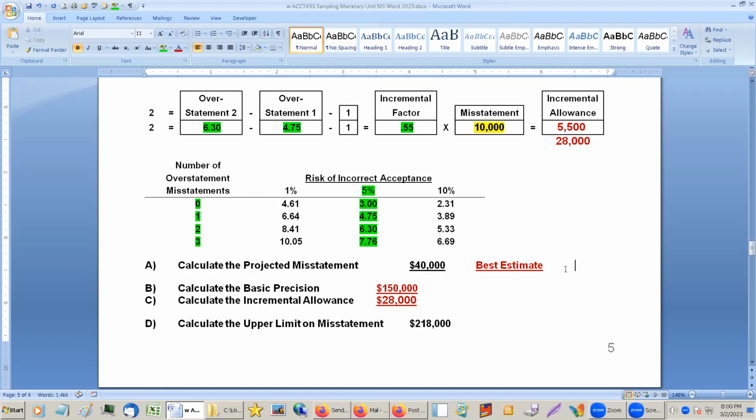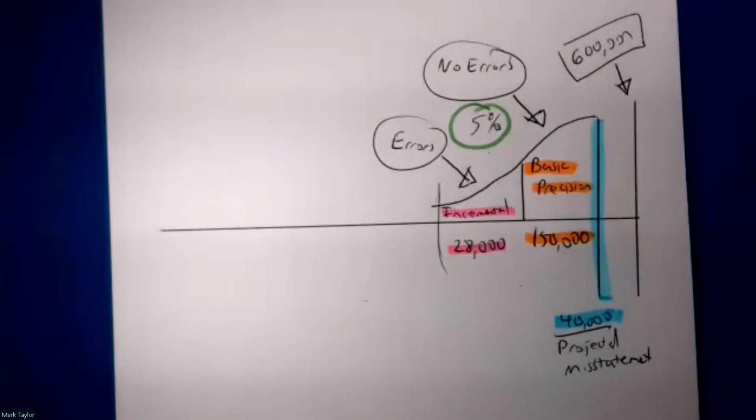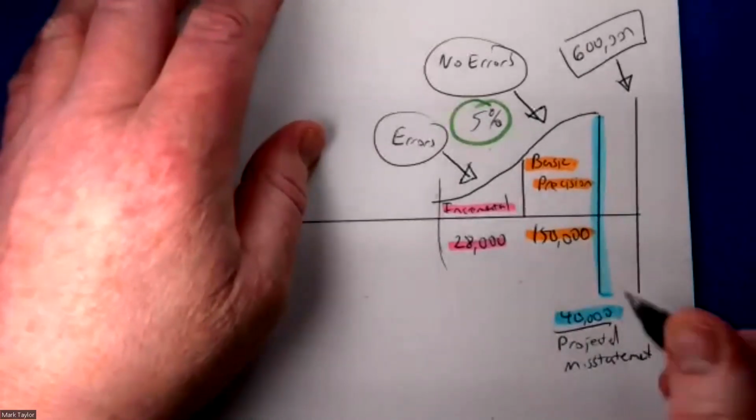And this is what we would use to determine what it could be off by, which is 218,000. So our best estimate would be 40,000.